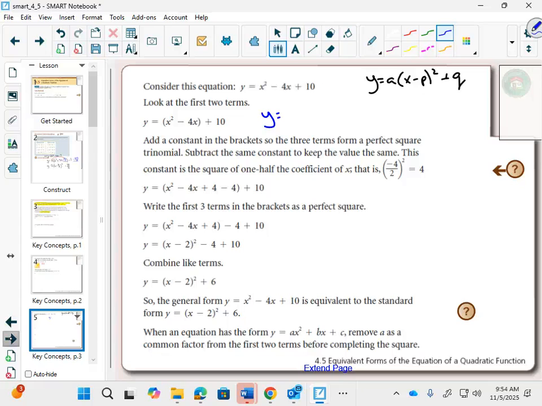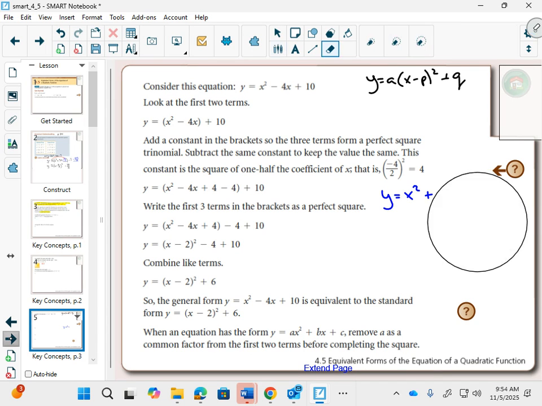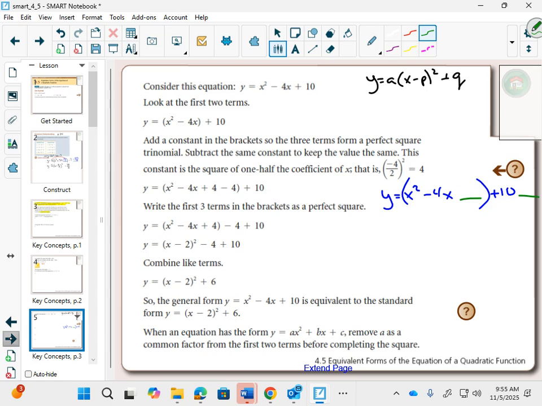It's going to be a 1. I'm going to rewrite the original equation where I have some more space. I'm going to keep that part separate and have my plus 10 afterwards. And I'm going to leave room for space here and here.